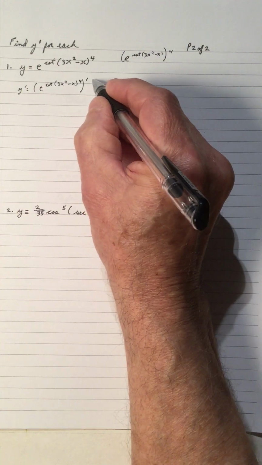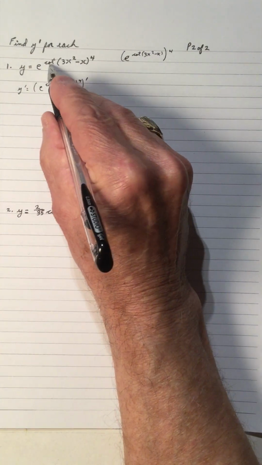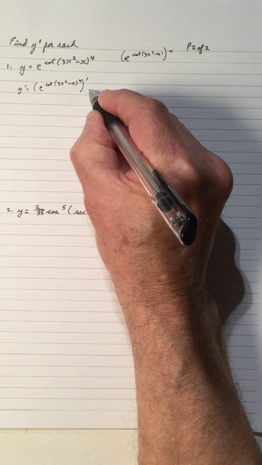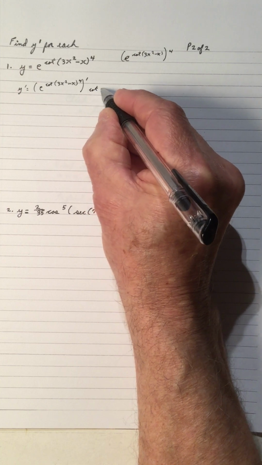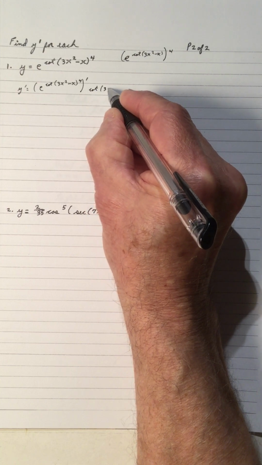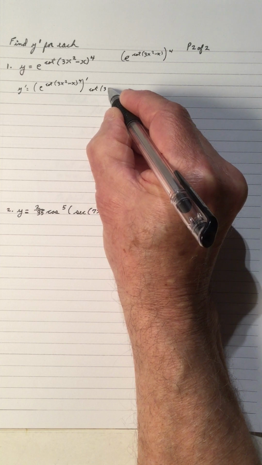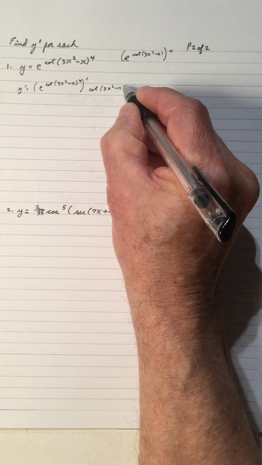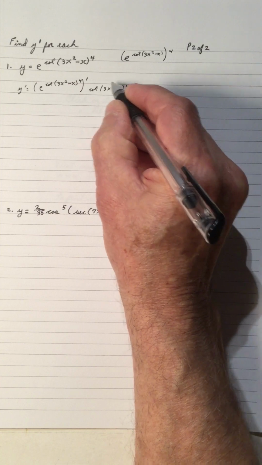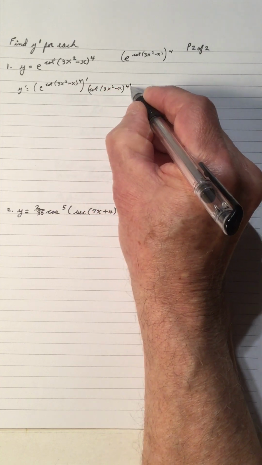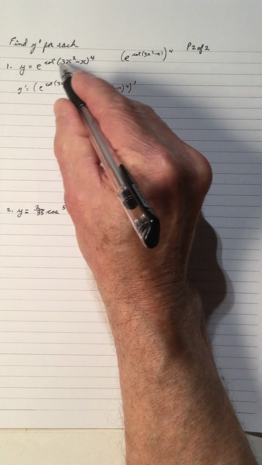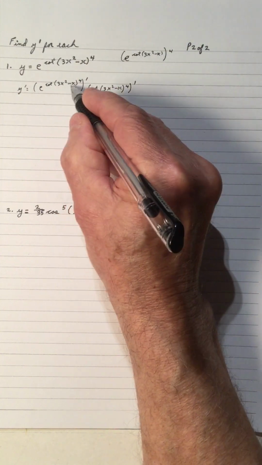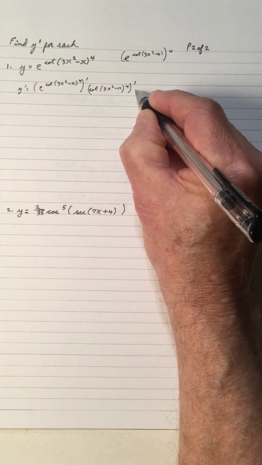So that's the derivative there. Now we do the derivative of the cot, so we've got the cot of 3x squared minus x to the fourth.